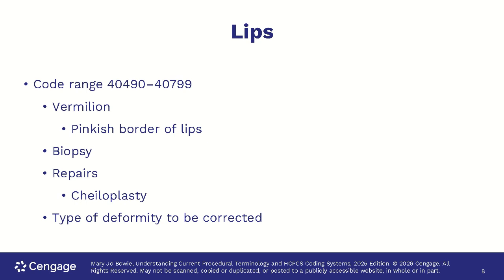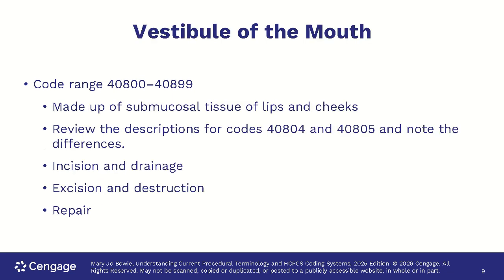The codes in this family reflect procedures performed on the lips. So you see biopsies, you see repairs, also known as chilioplasty, and then you also see different types of deformities that need to be corrected. Codes are available there as well.